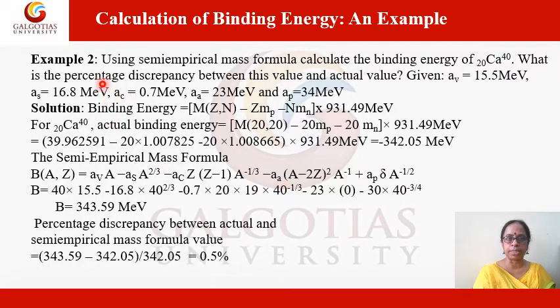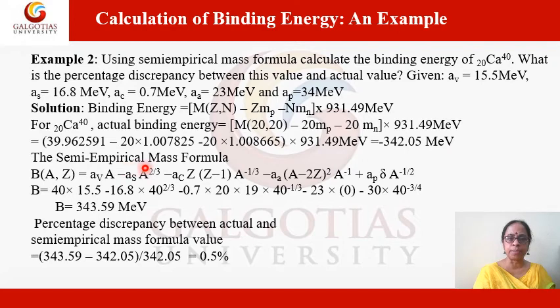Another simple example, example 2. Calculate the binding energy of calcium. What is the percentage discrepancy between this value and the actual value? Some values of AV, AS, AC, AA and AP are given over here. So we will calculate binding energy in two ways. The first one is by the mass defect, and we find the actual binding energy comes as 342.05 mega electron volt.